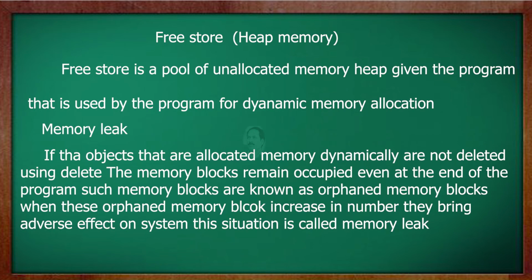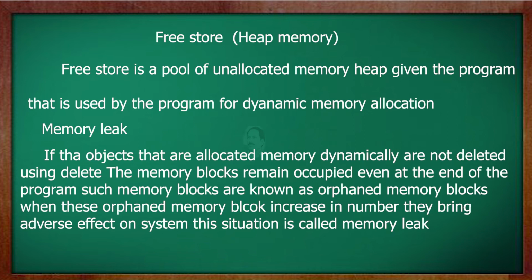Now the free store or heap memory. I have already explained the free store. Whenever memory has to be allocated dynamically, where is this memory space obtained from? It is from the heap memory or free store. What is the free store? It is a pool of unallocated memory given to the program, used by the program for dynamic memory allocation.